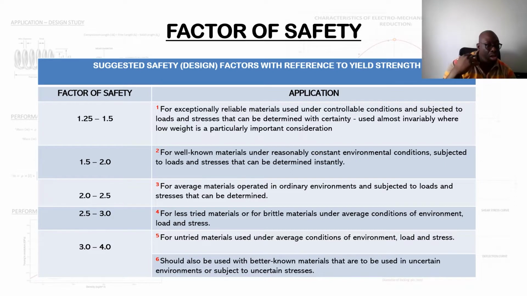But above that, you're going into materials that are new, where there isn't much data on the operation of that particular material. This is where a higher safety factor needs to be considered.